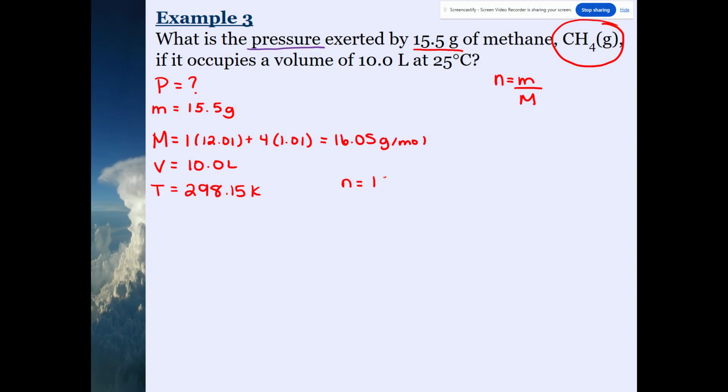So I take my 15.5 grams and divide by my 16.05 grams per mole. Look how I have a denominator in the denominator again. So it moves up here to the numerator. Okay? So my grams cancel and we're left with moles on the top. Now when I get this answer, it's going to be a big long answer. We are not rounding it.